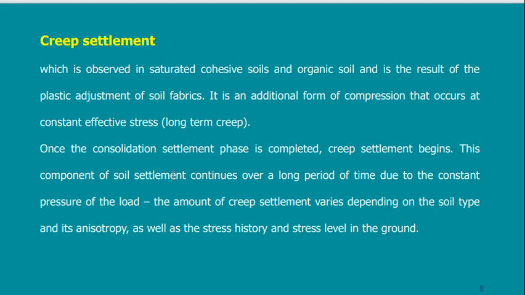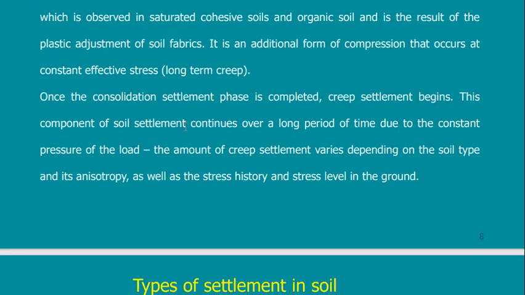If I have a few particles together and I rearrange them, they will fit better in the volume that they are in, so the volume will decrease. So this is the definition of creep.